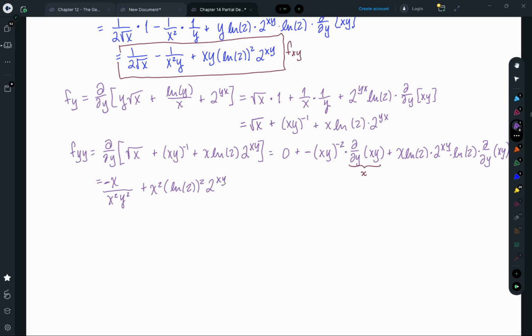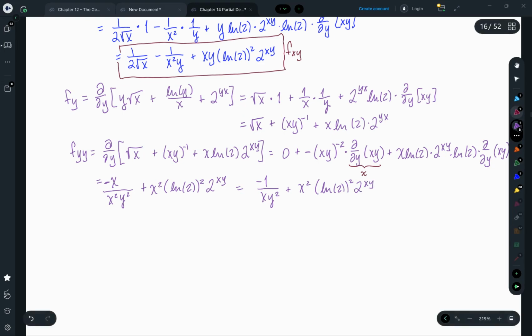And we have one more step to simplify because of the x's in the fraction. This will finally be a negative 1 over xy squared plus x squared ln of 2 all squared times 2 to the xy. And that is our final answer here.